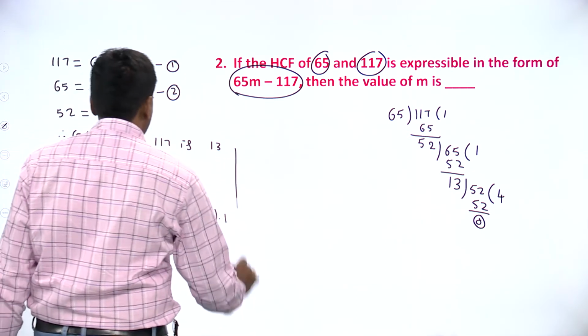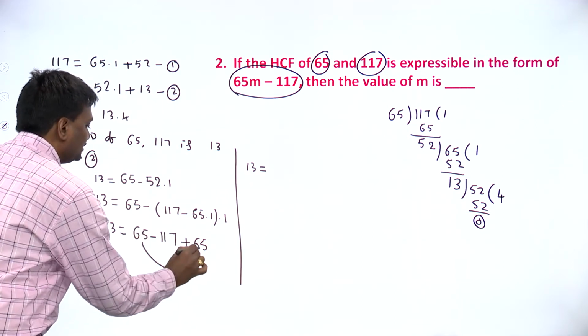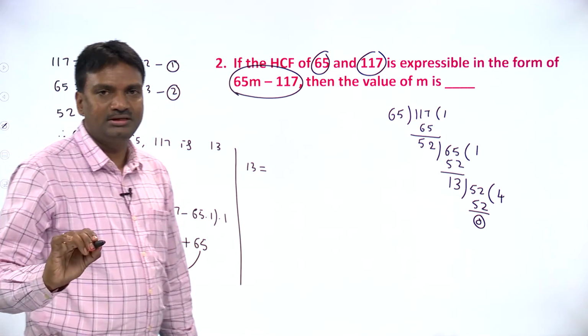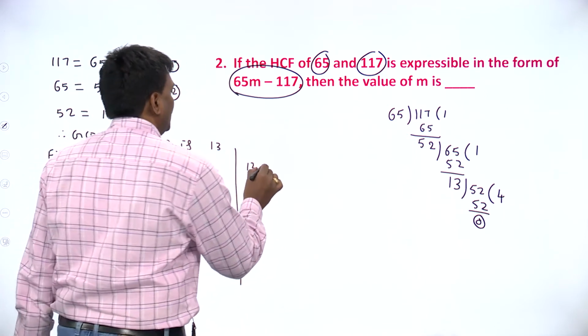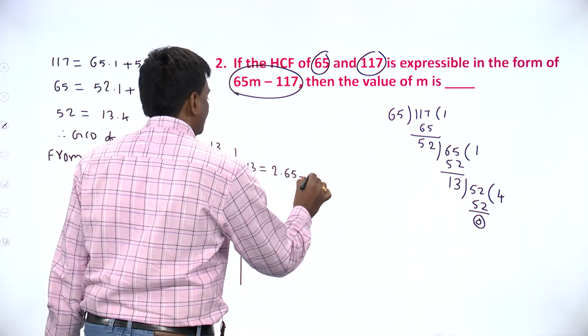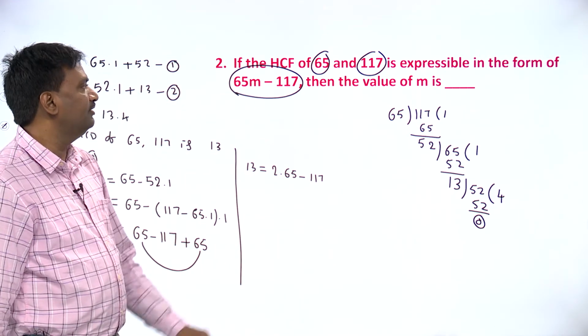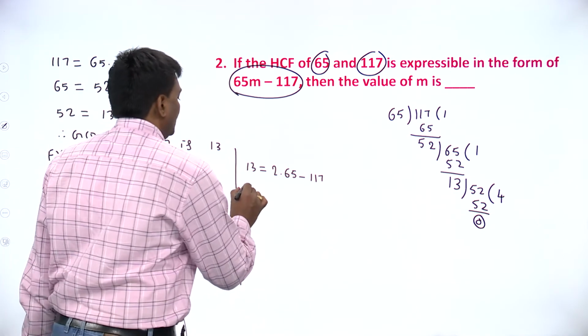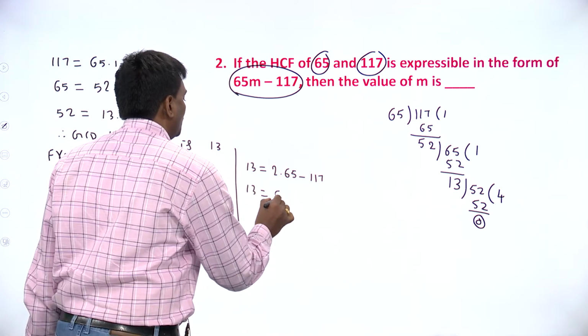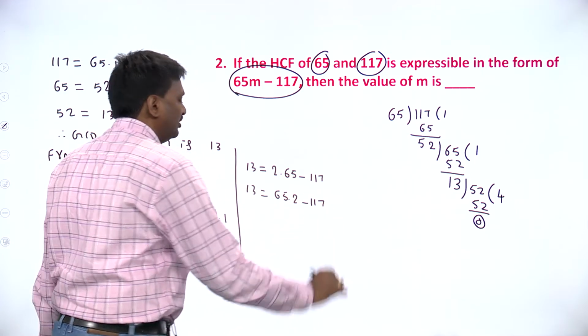So, this can be written as 13 equal to, by adding 65 and 65, 2 into 65 minus 117. We have to express this in this form, 65m minus 117. So, that is 13 equal to 65 into 2 minus 117.